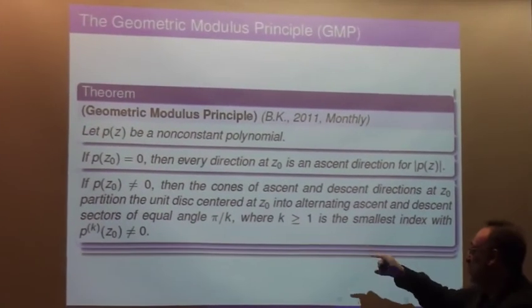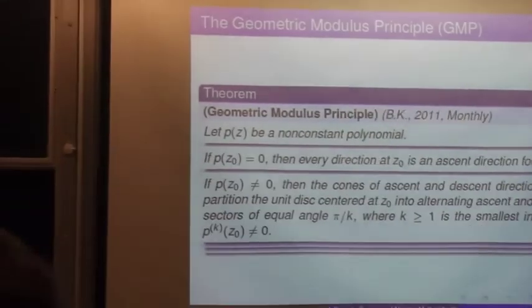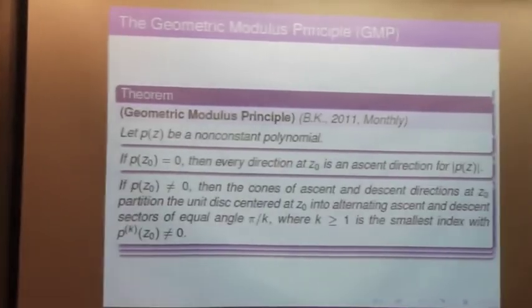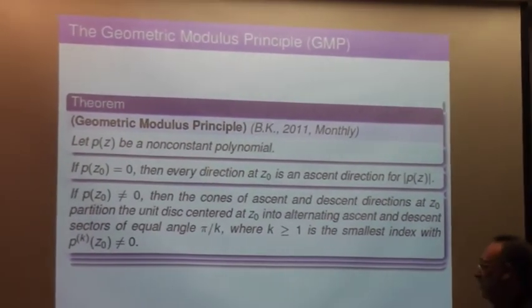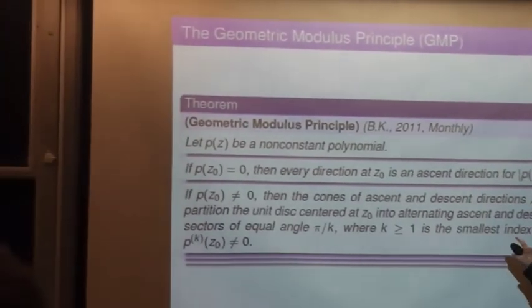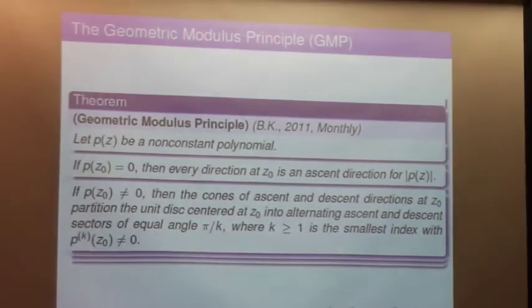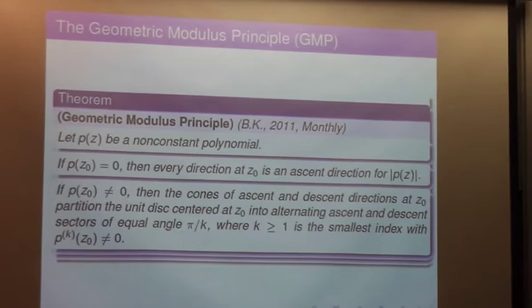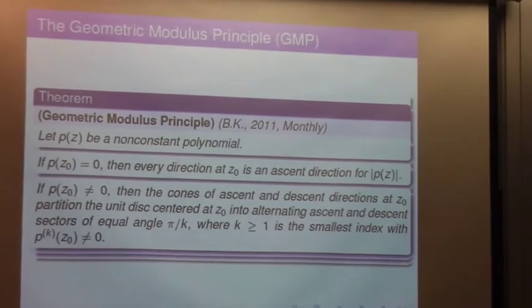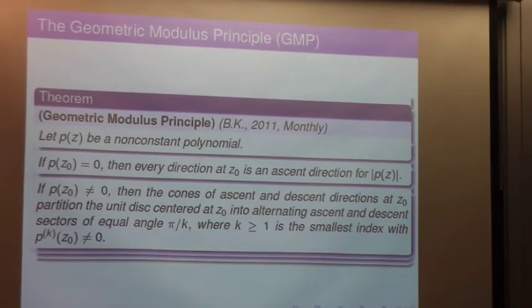And if p of z0 is not 0, then the cones of ascent and descent directions at z0 partition the unit disk centered at z0 into alternating ascent and descent sectors of equal angle, pi over k, where k is the smallest index with p^(k) of z0 not equal to 0.